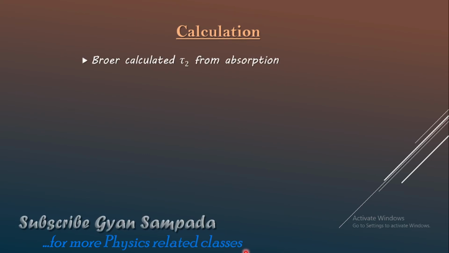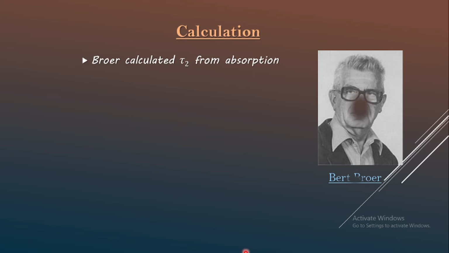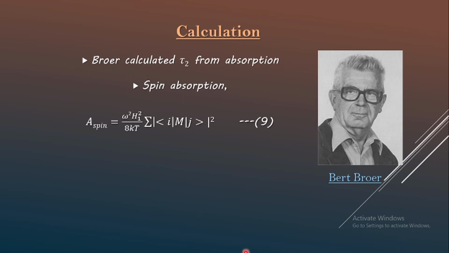Bloch calculated the spin-spin relaxation time from absorption from theoretical considerations. By his theoretical considerations, spin absorption is given by the equation A spin is equal to omega square h1 square by 8 kT, summation running over the range of energy levels of the square of the mod of the expectation value of m, that is magnetization.